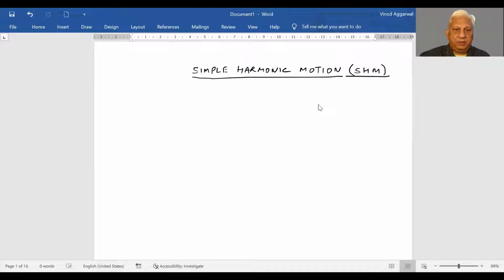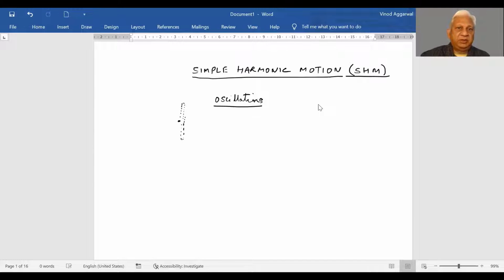Now let's take a particle which goes up, then comes back, then goes up, and keeps on doing like this. This we call as oscillations. Okay.